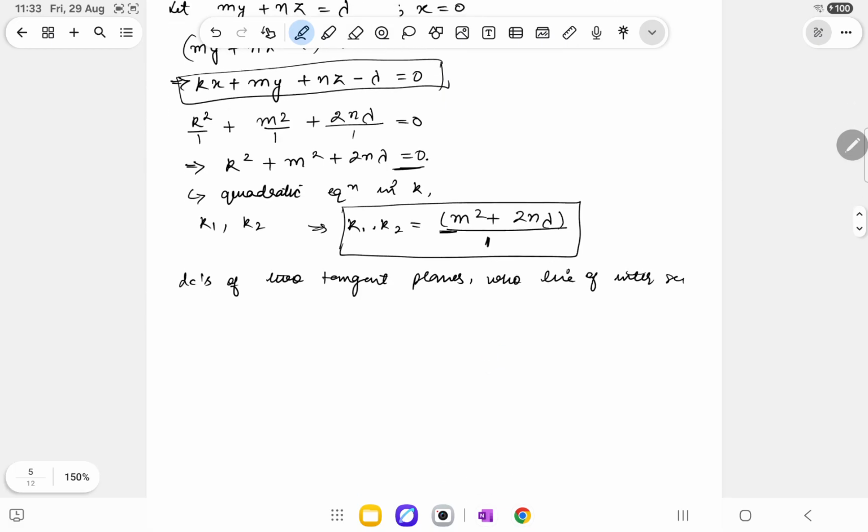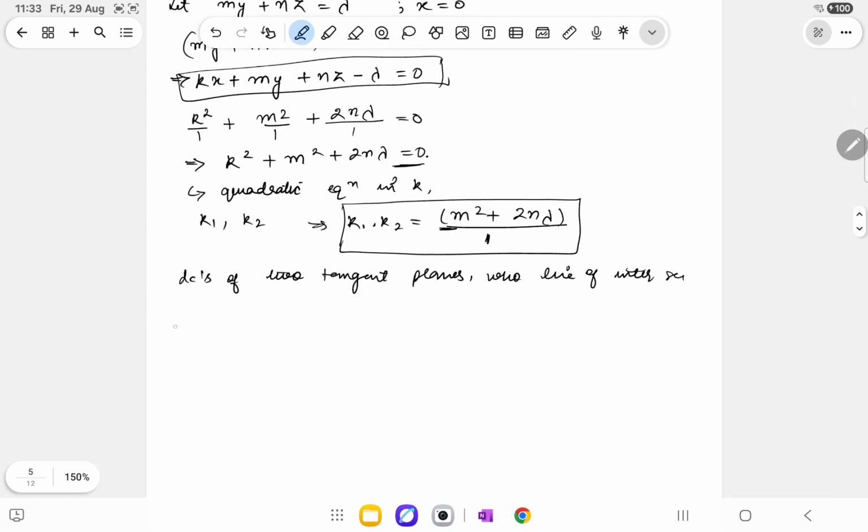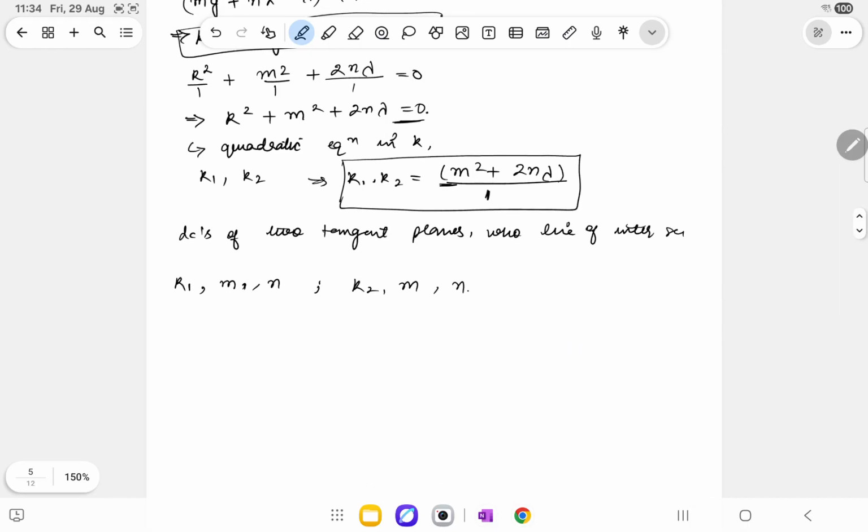So basically our two tangent planes are k1, m, n and k2, m, n, and since these two are perpendicular to each other, from here we'll get k1 into k2 plus m square plus n square is equal to 0.